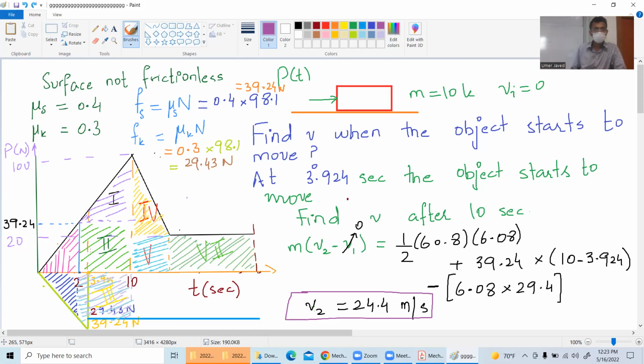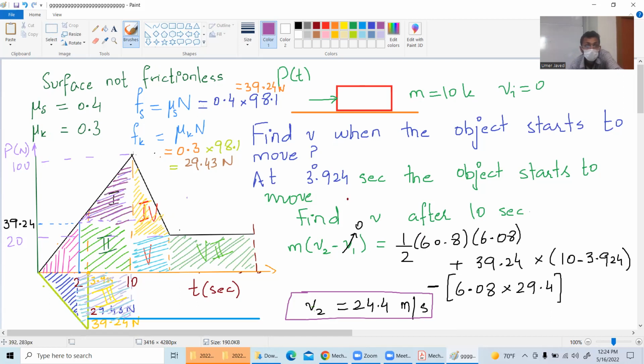So can you please explain the black equation again? What is the 6.01? Okay, so this is 1/2 base into height. I am trying to find the area of this triangle.